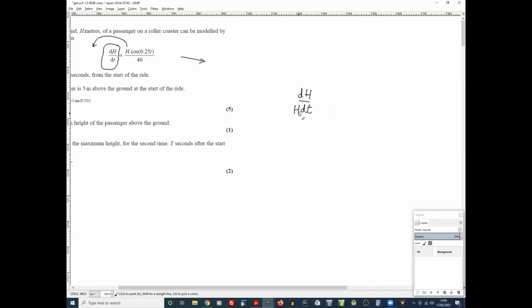I just bridle at that as well, because we like to think of dh dt as a thing. Let's try not to. We do sometimes use it as a fraction, but we prefer to avoid referring to it as a fraction if we can. It's a matter of taste. You say 1 over h times.